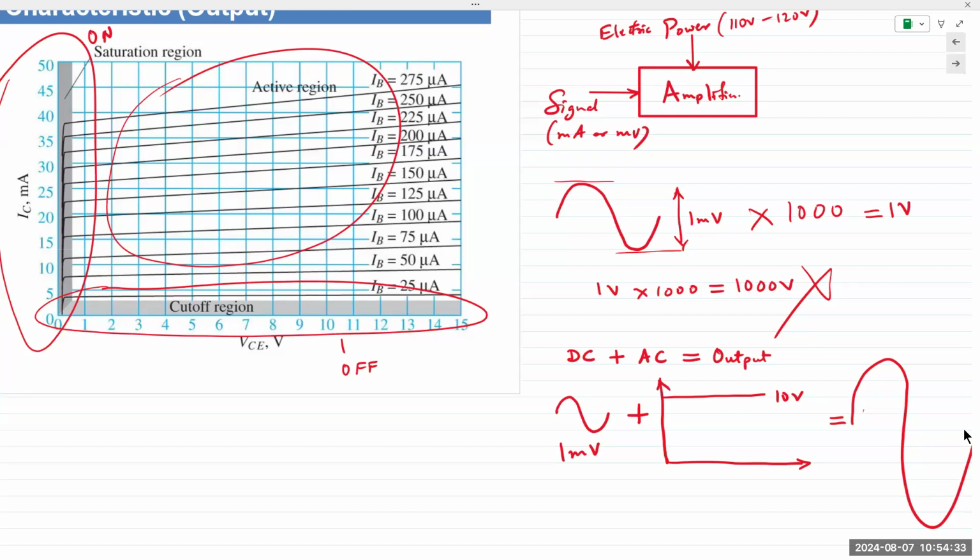If you just give a 1 volt flat line at the base, you would obtain a higher level of flat line. If you vary the input signal a little bit, then your output varies according to that. Does that make sense to everyone?